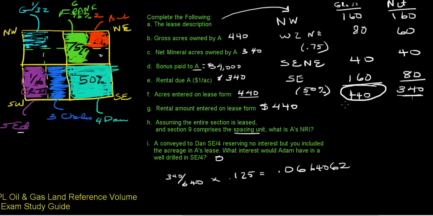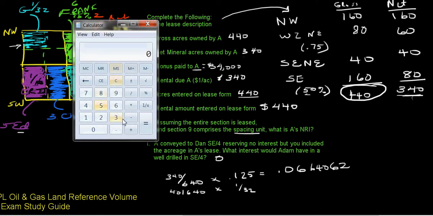And the way we do that is we know that this is 40 acres, divided by 640, times a 1/32nd interest. So let's calculate what that's going to be. First of all, 1 divided by 32, 1/32nd.